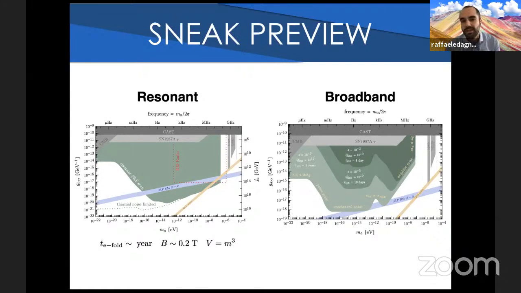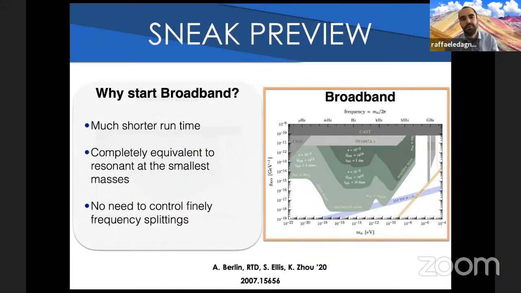But the broadband setup, I would say, is equally interesting for a number of reasons. Well, the main reason is that it's much simpler to operate. So if you build the same experiment, the natural first step is to run it in this mode of operation, which requires a much shorter time because you don't need to change the frequency point by point.